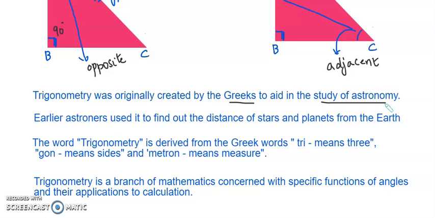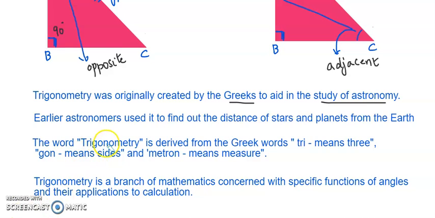So they tried to study astronomy based on trigonometry, and even today various astronomy calculations are based on trigonometry. Next, earlier astronomers used to find the distance of the stars and planets from the earth.